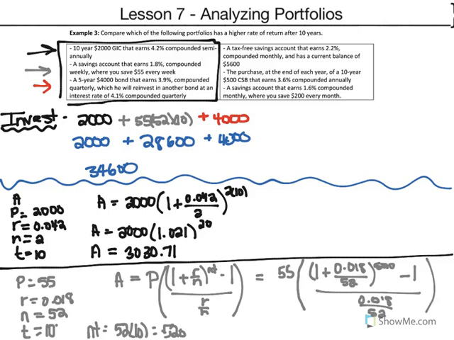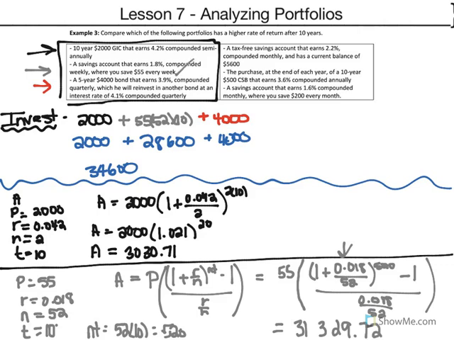You should be able to type this all in at once. So you start here: 0.018 divided by 52 equals plus 1 to the power of 520 equals minus 1 equals divided by bracket 0.018 divided by 52 bracket equals, and then times it by 55, and you get $31,329.72.